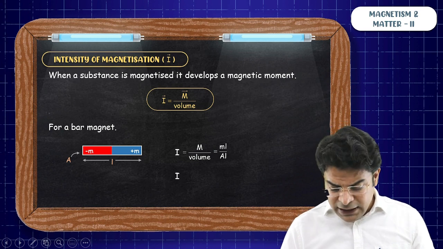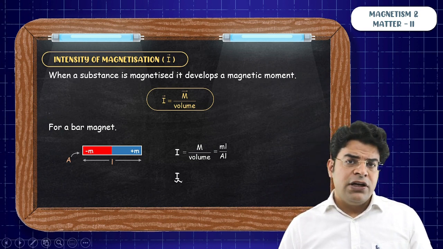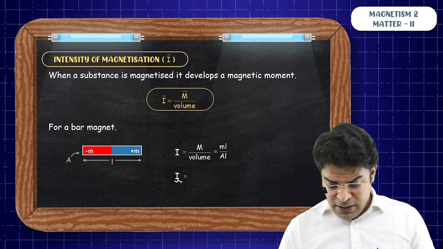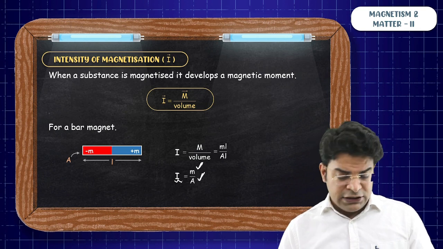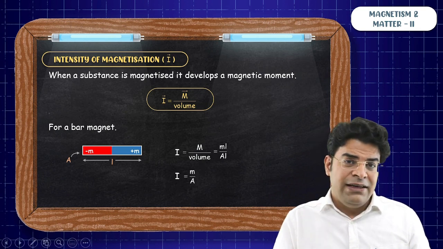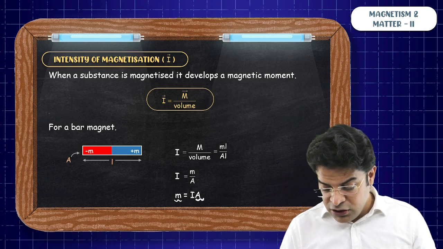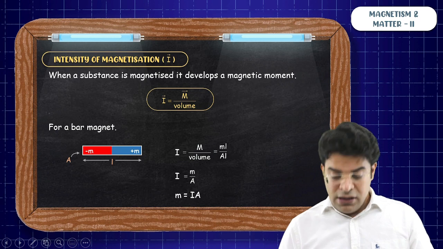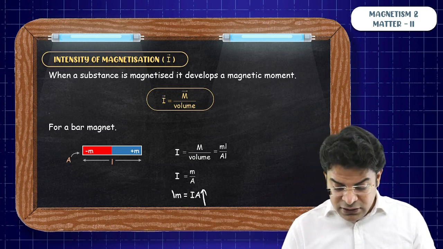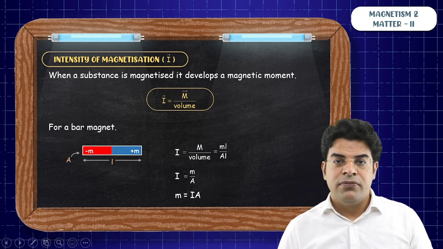So you get that the intensity of magnetization for a bar magnet is nothing but the pole strength divided by the cross-sectional area. Or you can see why I said that the pole strength is directly proportional to the cross-sectional area. So the greater the cross-sectional area, the greater is the pole strength.